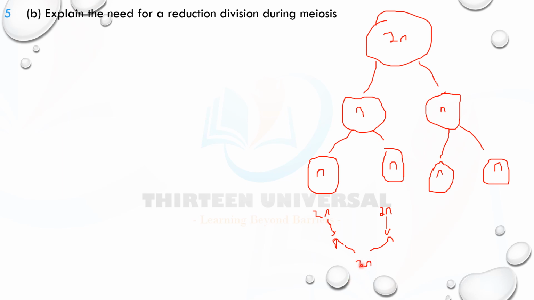Why we have to reduce is to prevent doubling of chromosome number. Imagine if we did not have this, and we had 2n gametes. Maybe meiosis occurs but the chromosomes refuse to separate, so our gamete is diploid instead of haploid.